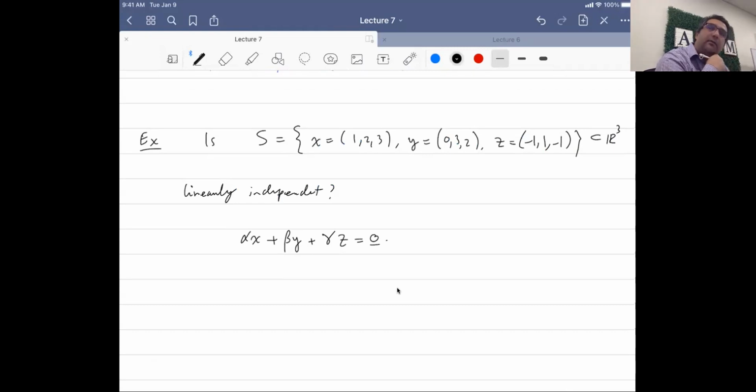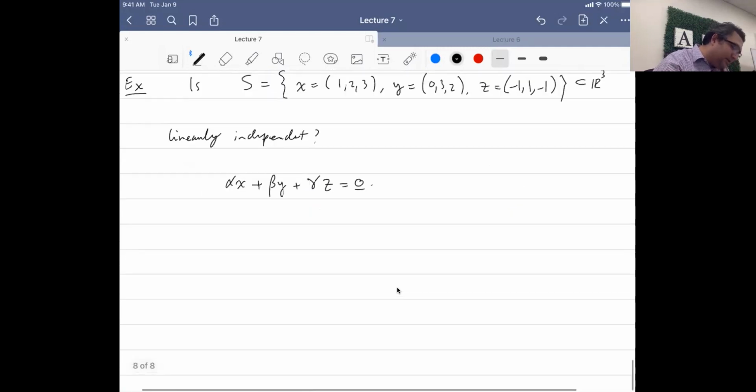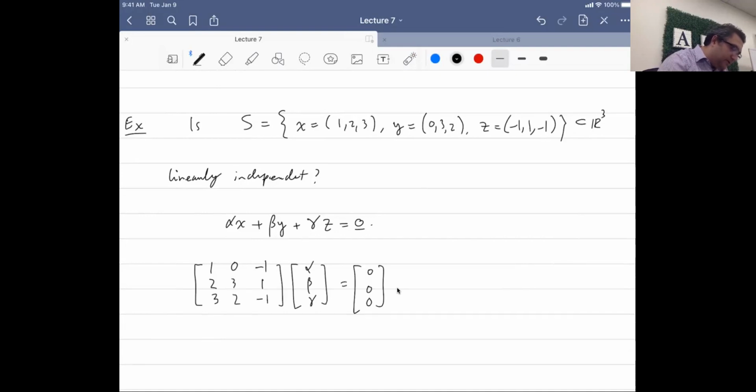Remember, a couple of lectures back, when I talked about linear combinations of column vectors, I said you can immediately view this as a matrix multiplied by the coefficients, which is exactly what we've been doing here too. Whenever I form a system, I did that. I put (1, 2, 3) as a column, then (0, 3, 2), and then (-1, 1, -1), multiplied by alpha, beta, gamma, equals (0, 0, 0). This is the same thing as what I wrote above.